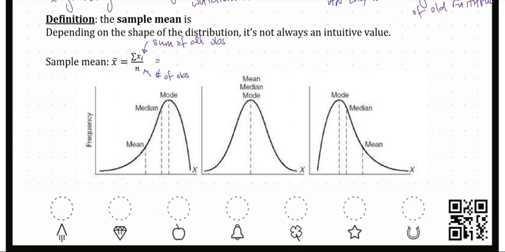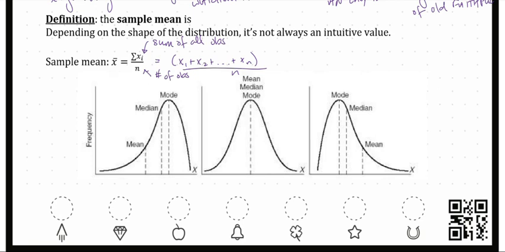And so that's just going to be x1 plus x2 plus ... xn all over n, the number of observations. You do this all the time when you're finding the average of your homeworks or your test average for a given class.